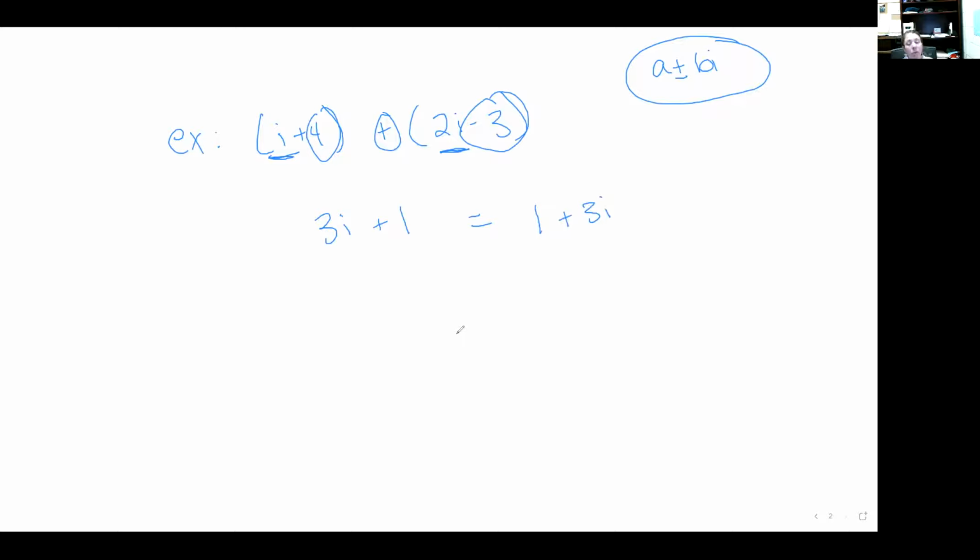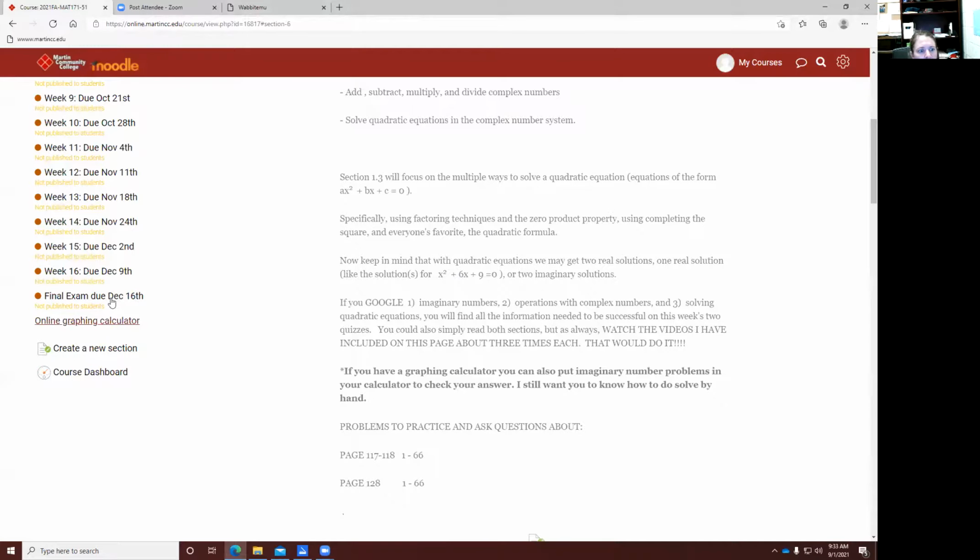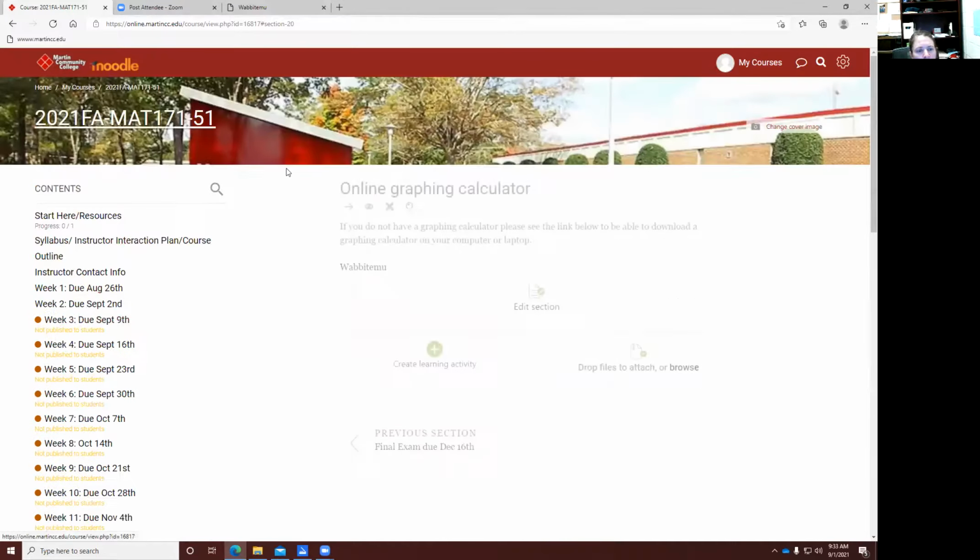Okay. Now you can also do this in the calculator. I'm going to show you now. Let's go back to the screen. I have shared this on your Moodle. Go back to it.